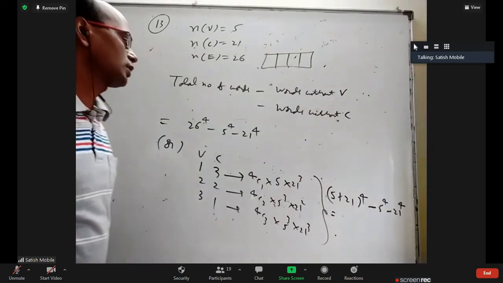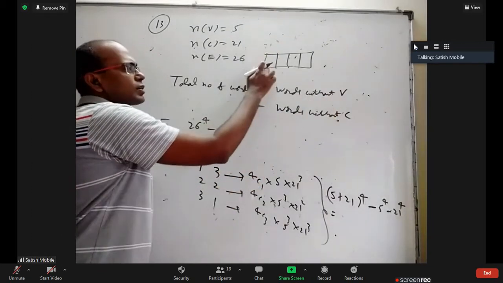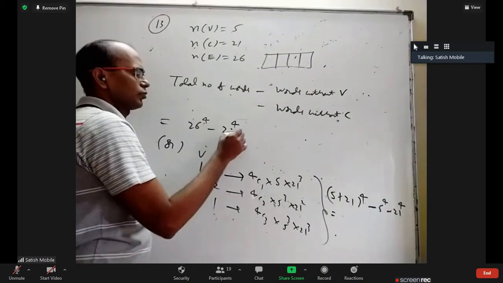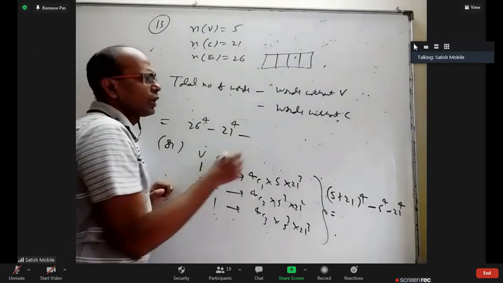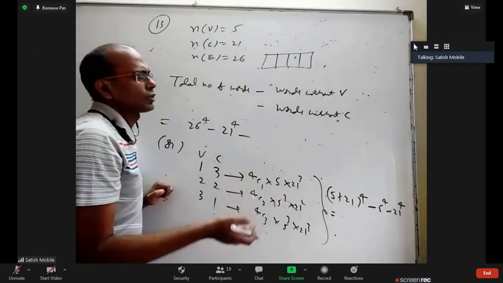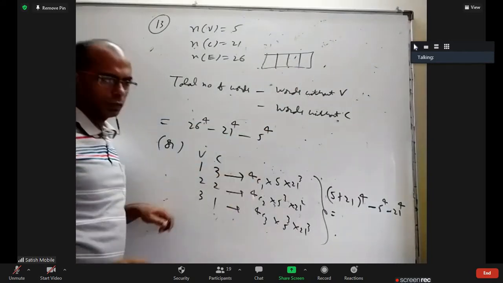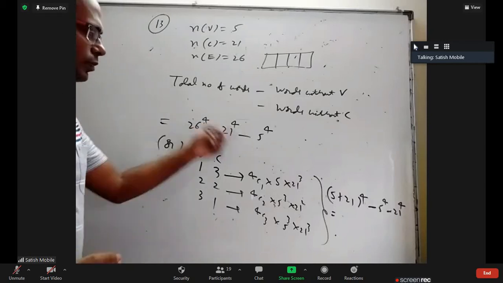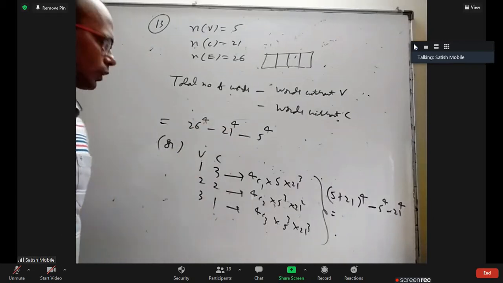If you don't use any vowel, you have to fill in consonants: 21 choices here, 21 here, so this is 21 power 4. All the words using only vowels without consonants are 5 choices each, so 5 power 4. Normally it may take time to find 26 power 4 and simplify, but in KVPY a calculator is allowed, so you can just use it.